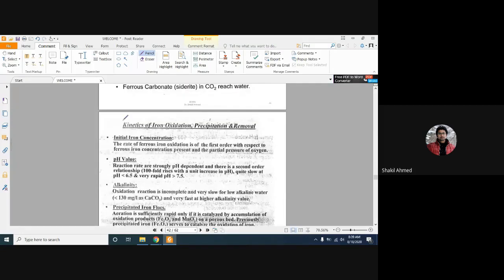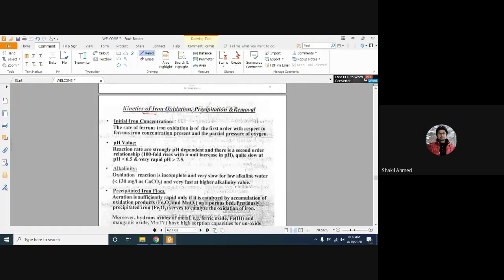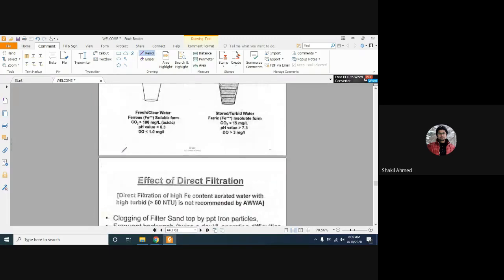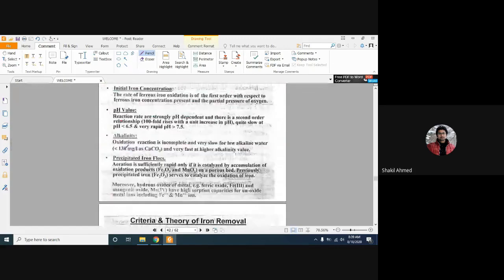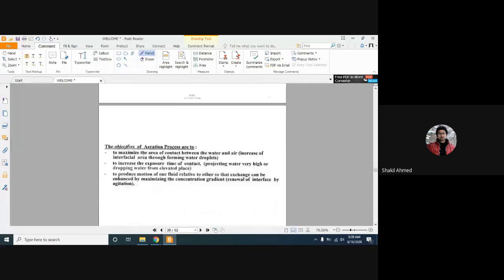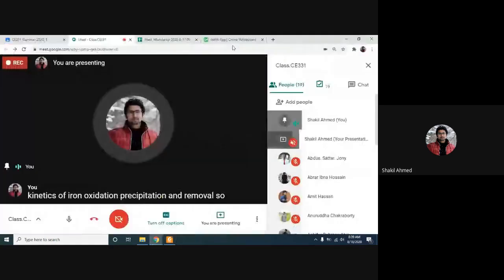Now, the kinetics of iron oxidation, precipitation, and removal. So, what we were discussing is how to remove iron. That's the thing, right? What you can do is, this is iron.